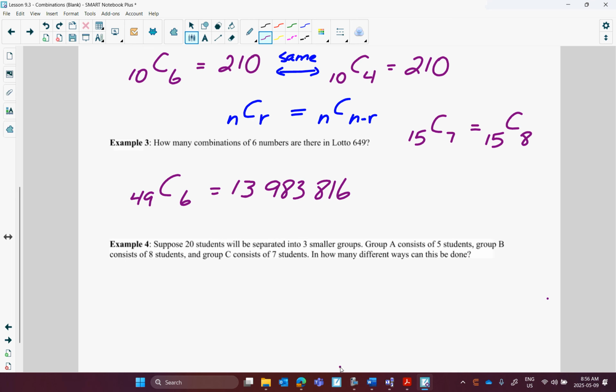So the probability of winning would be 1 out of that. So that's a bit of a long shot. Okay.